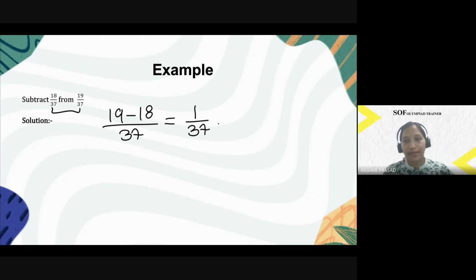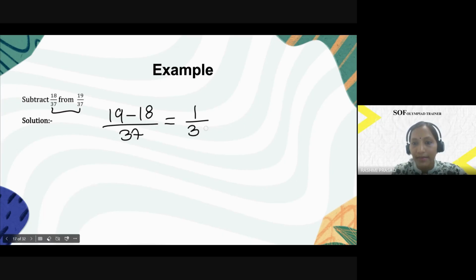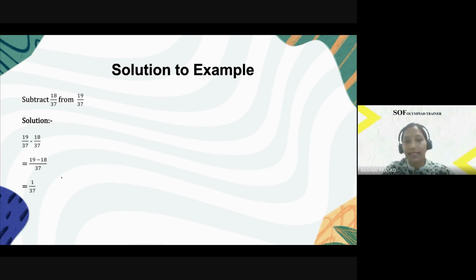Acha, okay, my bad then. Okay, 1 upon 37. So, it's 37. Then it's my bad. My handwriting is not that good. It's 37. Okay? It's the same. You can see the solution here, 19 minus 18, 1 upon 37. Okay?